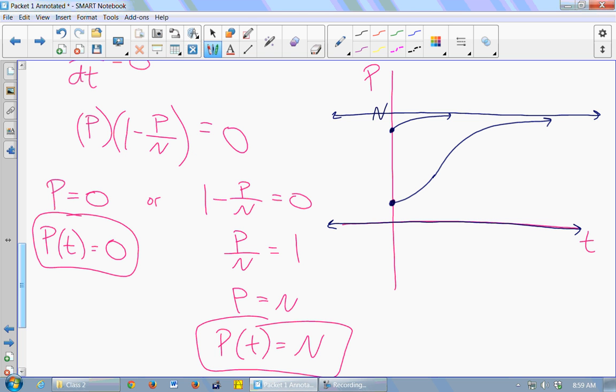What do you think happens if you start above the carrying capacity? Say we introduce an animal to an island and we put too many there immediately. It's just going to decrease and come down to the carrying capacity. Will it go below the carrying capacity?